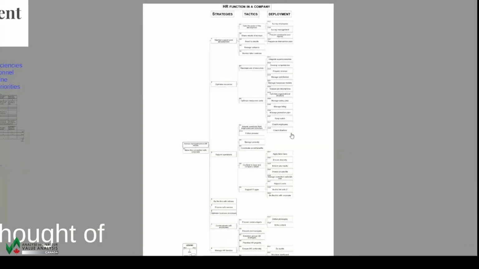Another example in the HR, I know it's too small, you can't read, so we're going to focus, but the same thing here, this level here is the strategies level. So there were 8 strategies to put in place. The function analysis we did here is that they had the HR people in the corporate office, and they would be like consultants for all the different plants, so the business units.